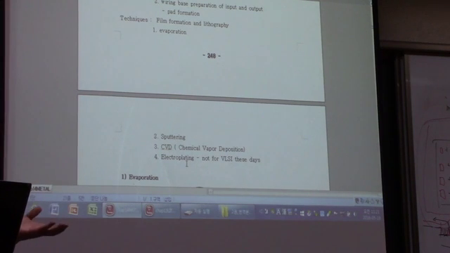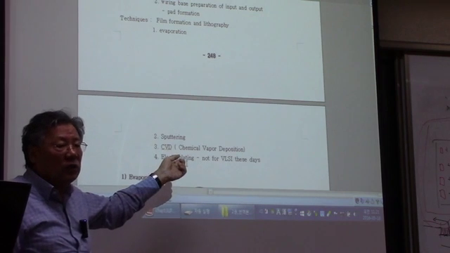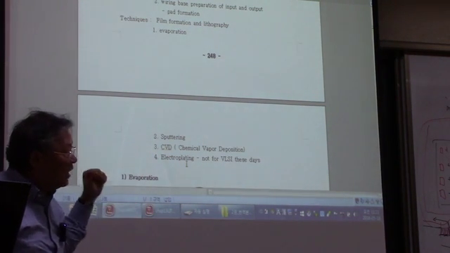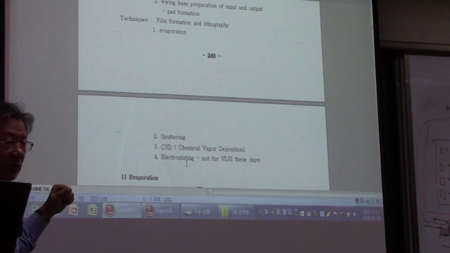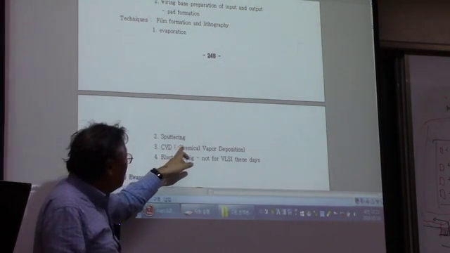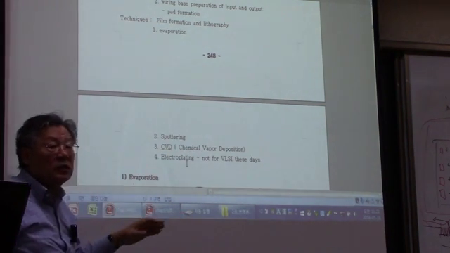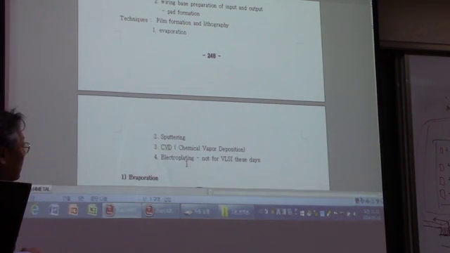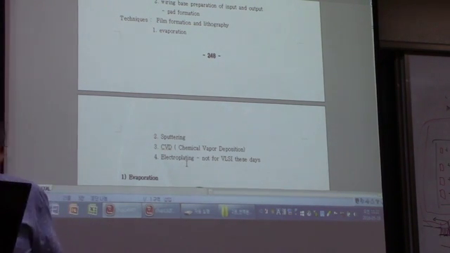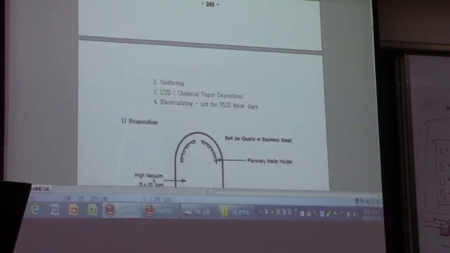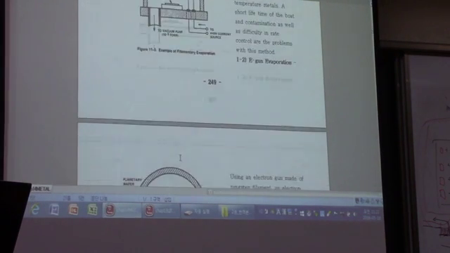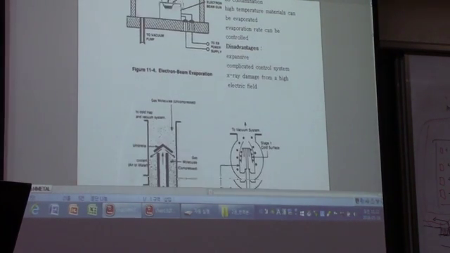The quality of the metal films is very sensitive to the substrate temperature, pressure, and the gases used. So this is very difficult, even though it shows very good step coverage. So sputtering is the most popular technique for metallization.